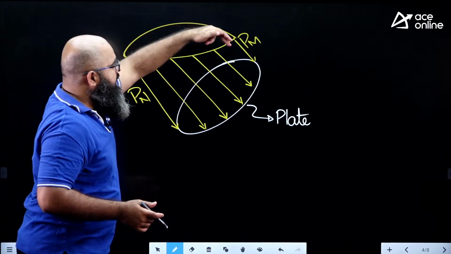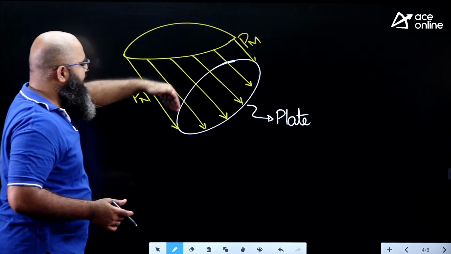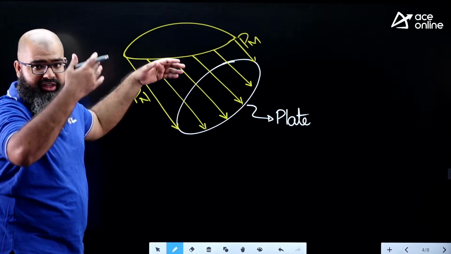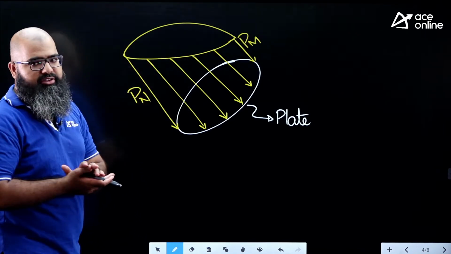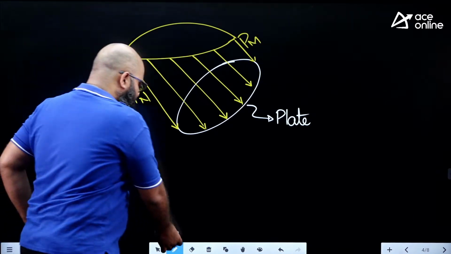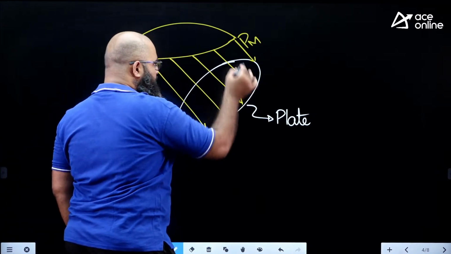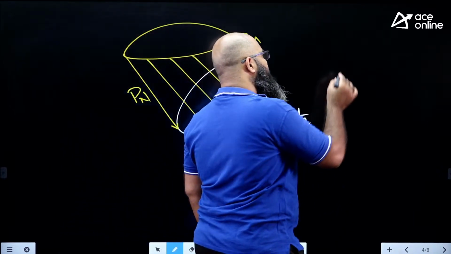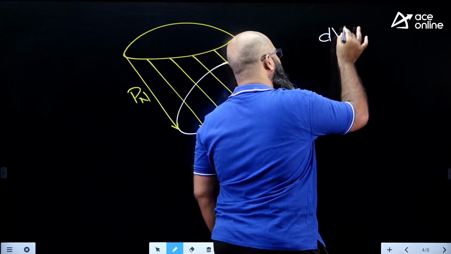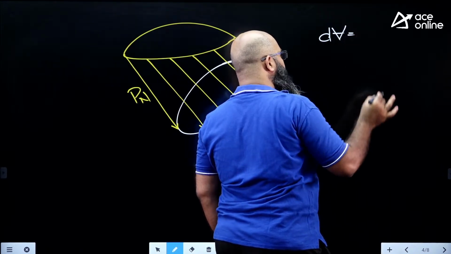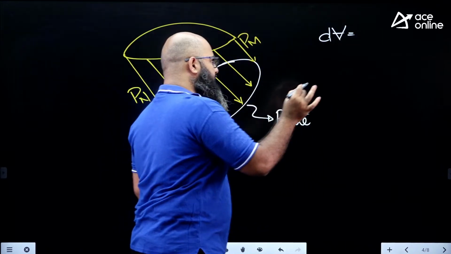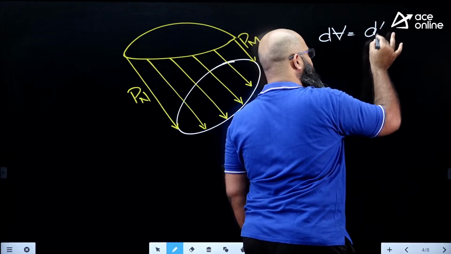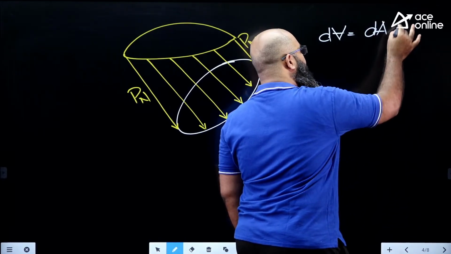Now, mind you, over here initially the pressure is less, and as you're going deeper, by virtue of increase in depth, the pressure has increased. If the heights over here are pressure, you can say the differential volume of this particular diagram is equal to base, the differential area, multiplied by the heights over here.